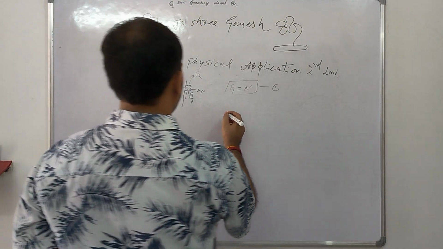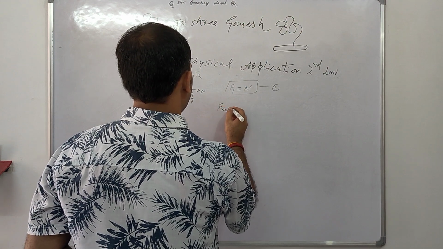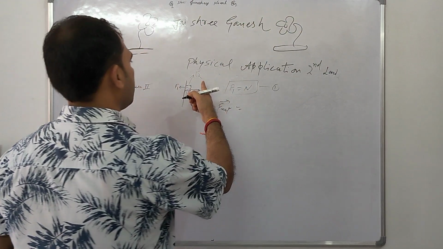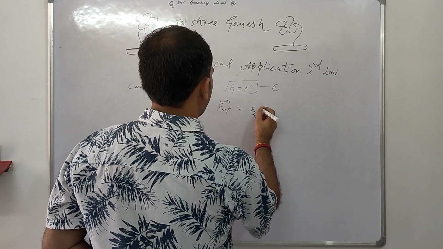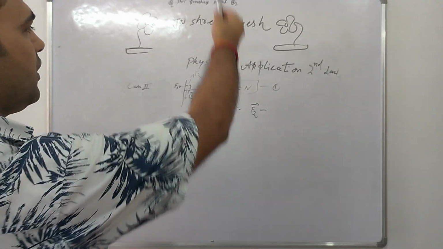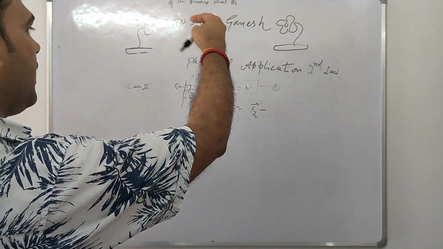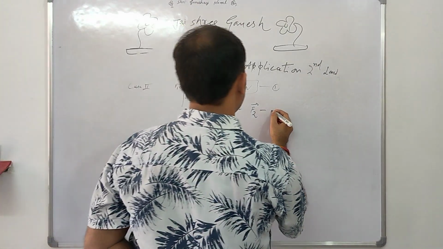Now let us consider the vertical direction. So F net will be equal to F2 minus F3 plus mg, since F2 is vertically upward and F3 and mg are vertically downward.